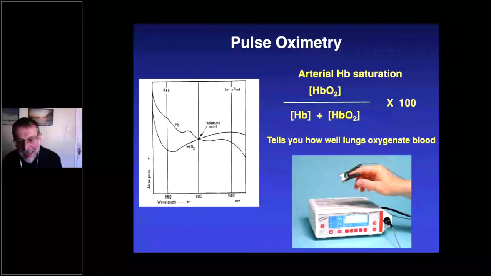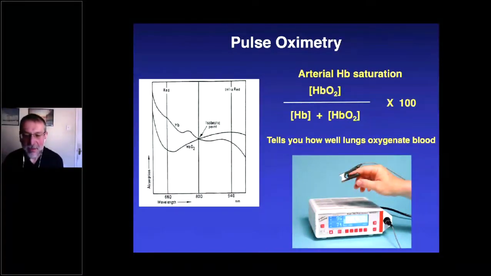To understand how near infrared spectroscopy works, it's useful to discuss a related technique called pulse oximetry. A very important technique at the moment. Pulse oximetry measures the arterial hemoglobin saturation, that's the ratio of oxy to total hemoglobin in the arteries, which tells you how well your lungs are oxygenating blood.